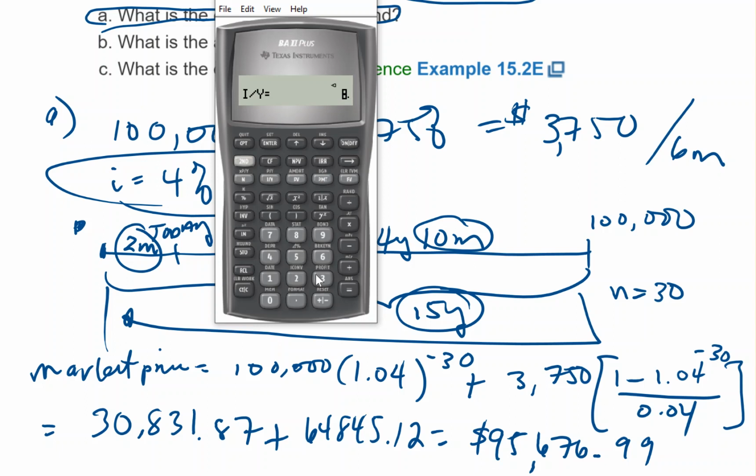The payment is $3,750, negative. The future value is 100,000, negative. I compute the present value, and you see it's the same number. Make sure that you know how to use your calculator if you're going to use it. Otherwise, use the formula.